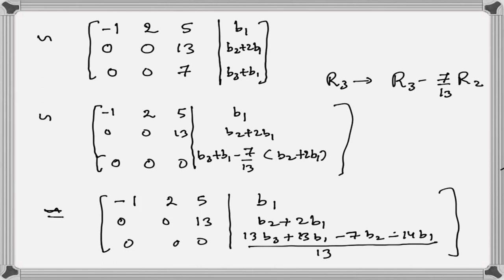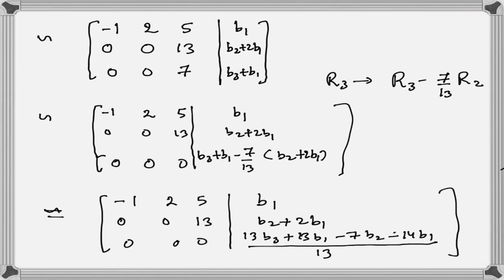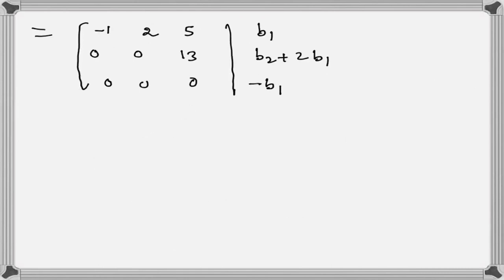So we get the following system: minus 1, 2, 5, b1; 0, 0, 13, b2 plus 2 b1; 0, 0, 0, and here we get minus b1 minus 7 b2 plus 13 b3 divided by 13.